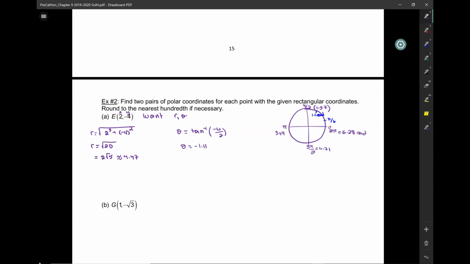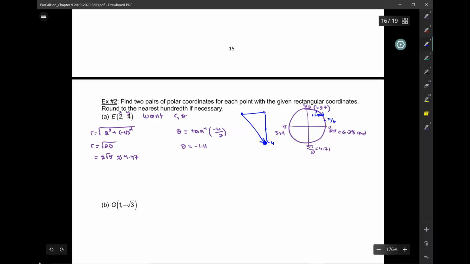Does that make sense that theta is negative 1.11 radians? Where is the coordinate 2 comma negative 4? If from this point I go over 2 and down 4, that's where my point is.